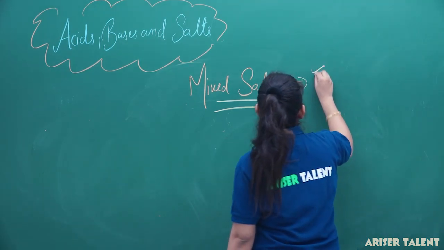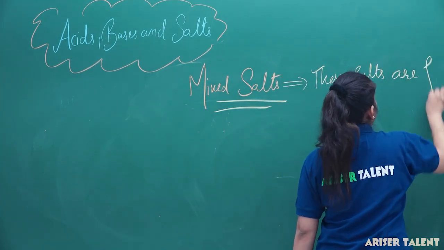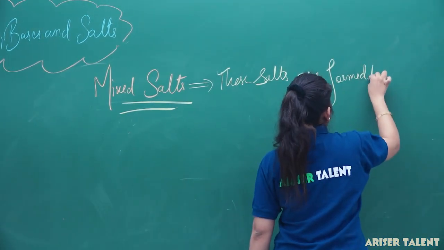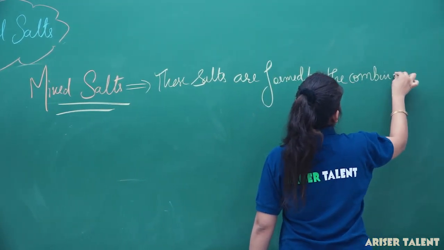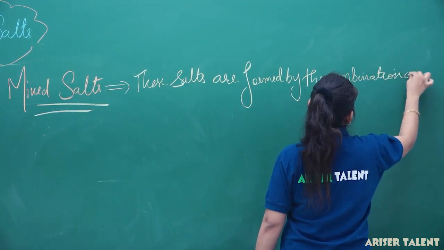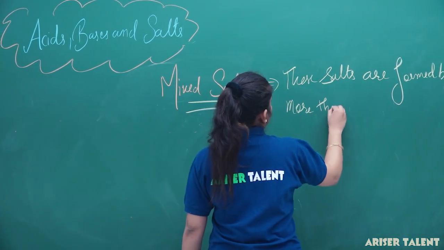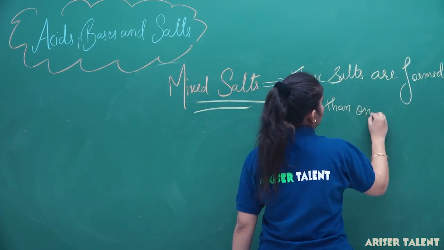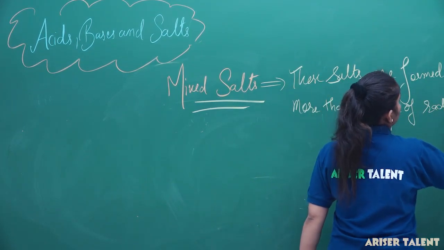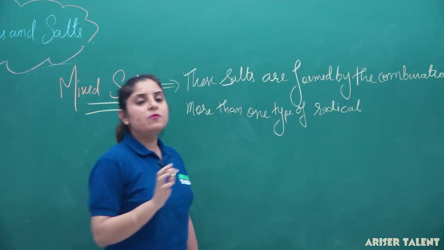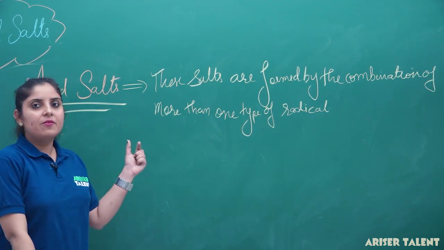So these salts are formed by the combination of more than one type of radical. If in any salt you have more than one type of radical group, you can say that this is our mixed salt.